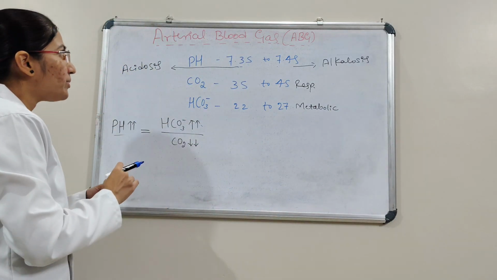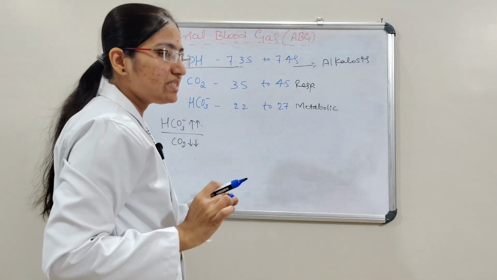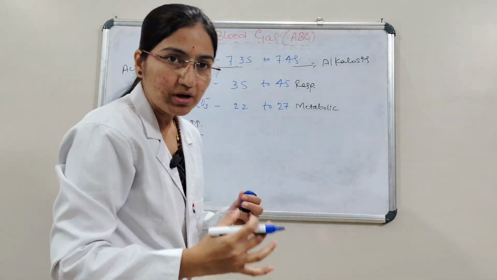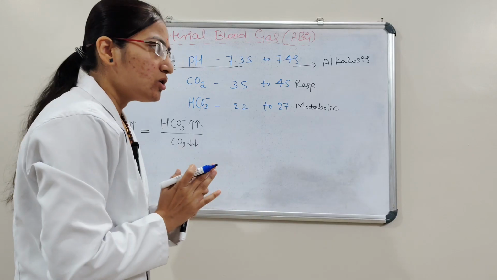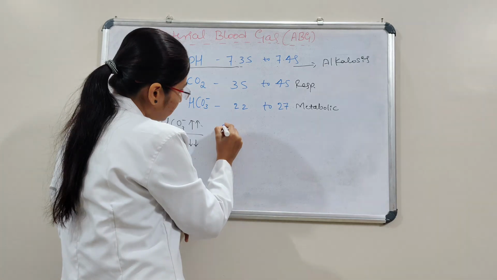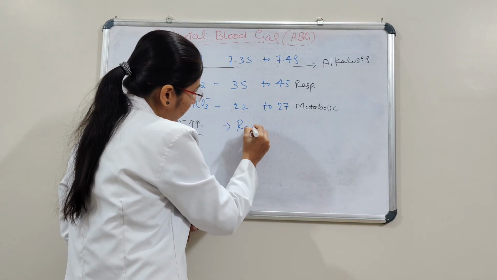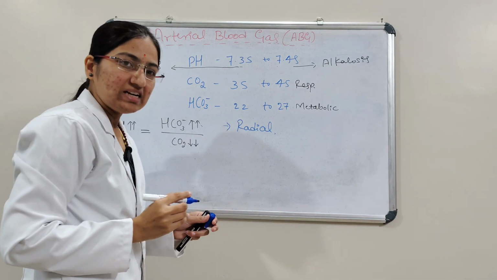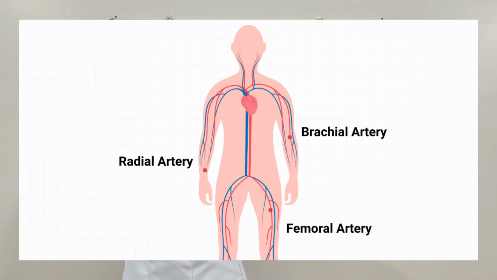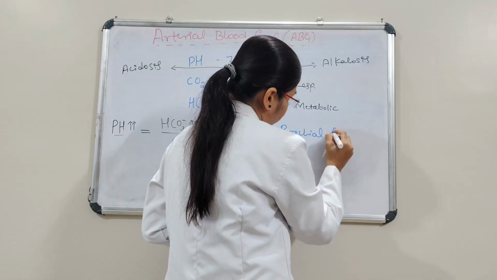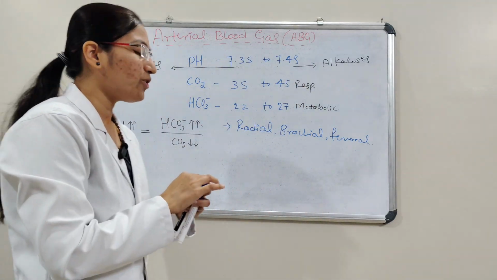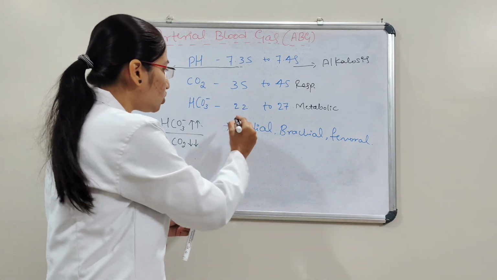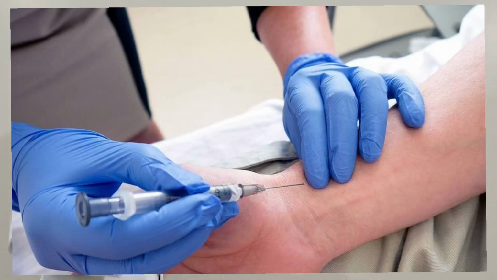When it comes to the topic of arterial blood gas, we are going to draw the blood from the artery, not the vein. Most commonly we draw blood from the radial artery, and also the brachial and femoral arteries.